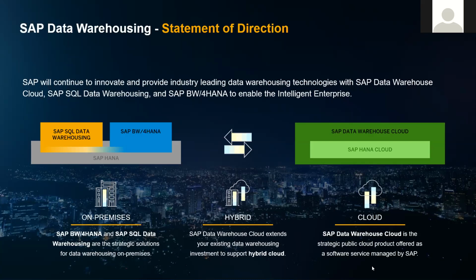So you can use your Data Warehouse Cloud as a way to extend your on-premise investment. Now, what Data Warehouse Cloud also caters for is bridging the gap between IT and business in terms of data warehousing. We find that a lot of business requirements are quite agile, and they come in very quickly.